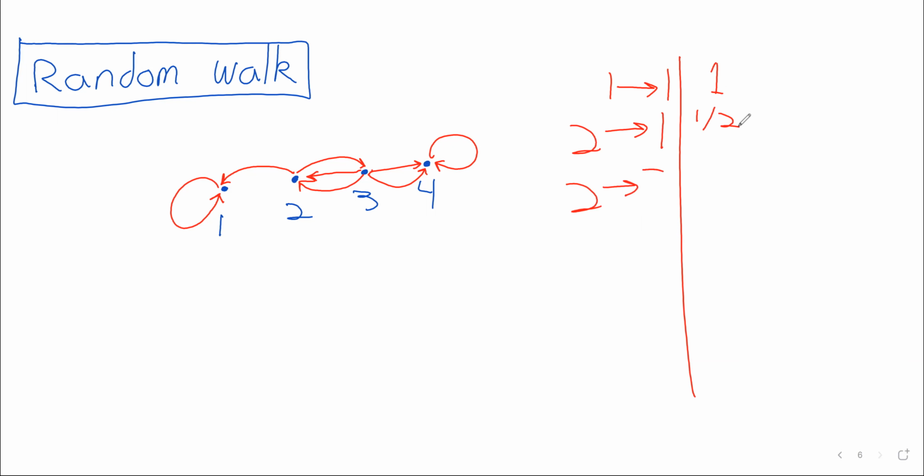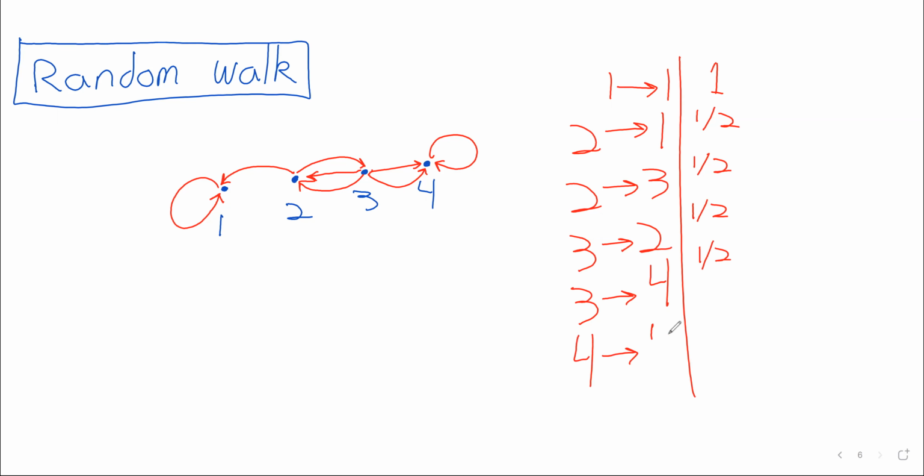We go to state 3 with a probability of 1/2. If we're in state 3, we go to state 2 with a probability of 1/2. We go to state 4 with a probability of 1/2. And if we're in state 4, we remain in state 4 with a probability of 1.